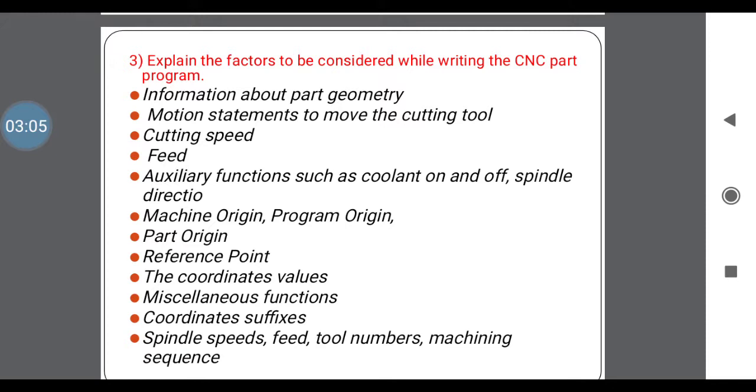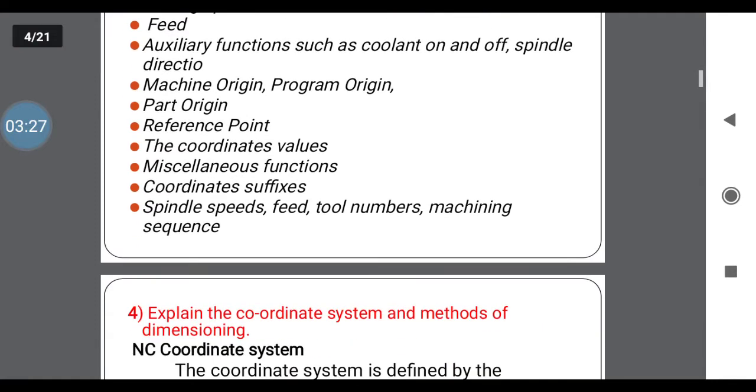What is the position of the part, reference point, coordinate values, miscellaneous functions, that are the M codes, coordinate surfaces, spindle speeds, feed rate, tool numbers, machining sequence, etc. We may use a number of considerations. These are the most important considerations required for writing the CNC part program.